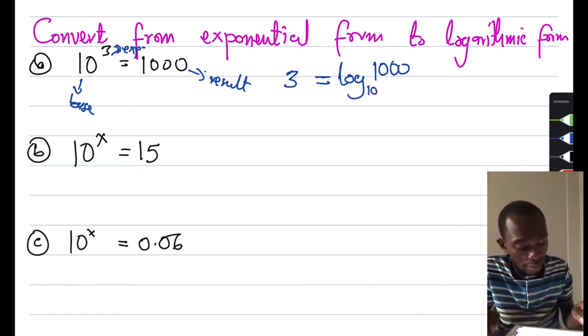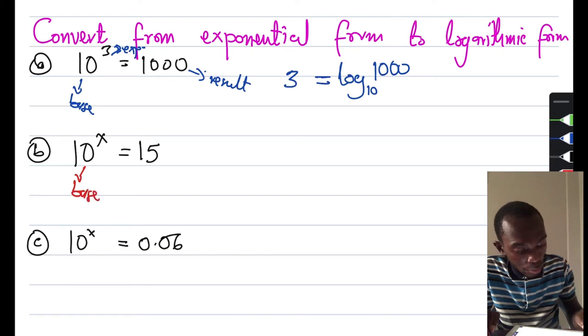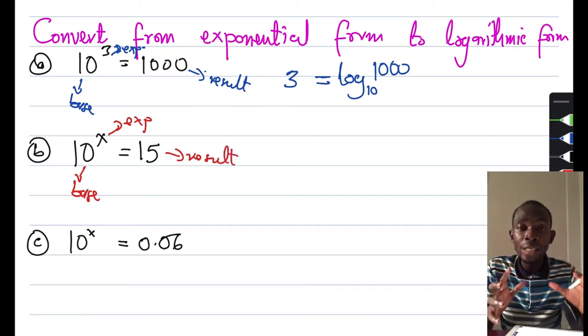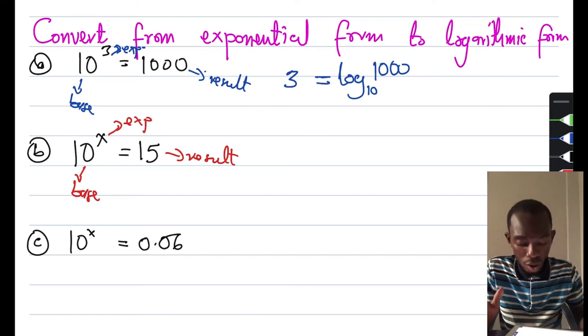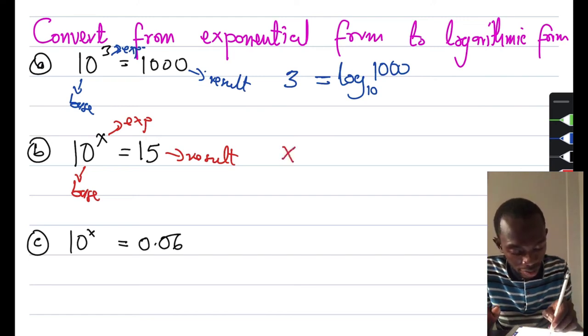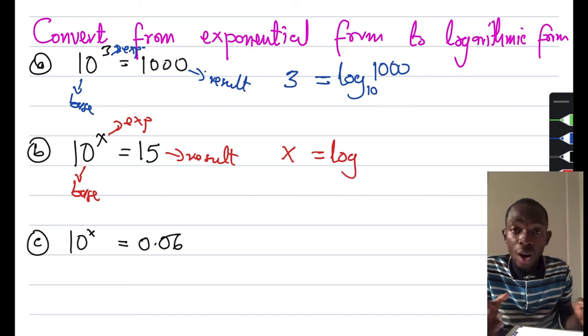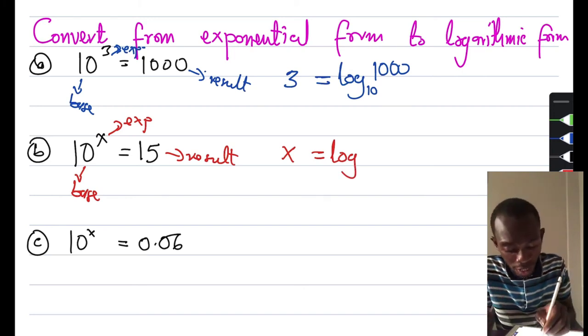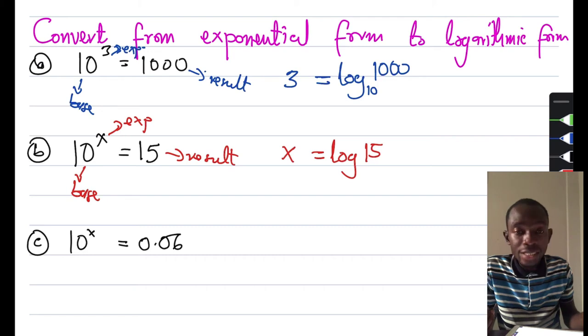Now let's take a look at this one. We know that 10 is the base, the exponent is now x, and the result is 15. So you make the exponent the subject. That is all about log. So you have x is equal to log the result, which is 15, base 10.